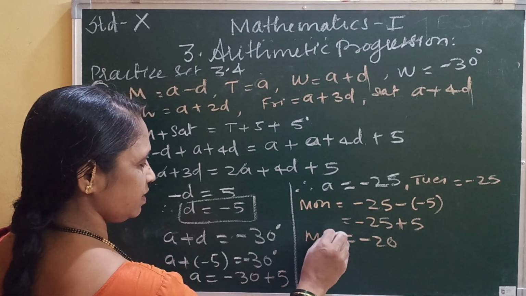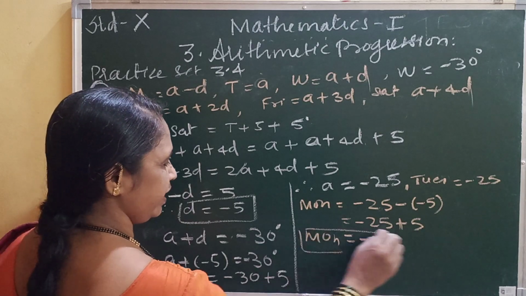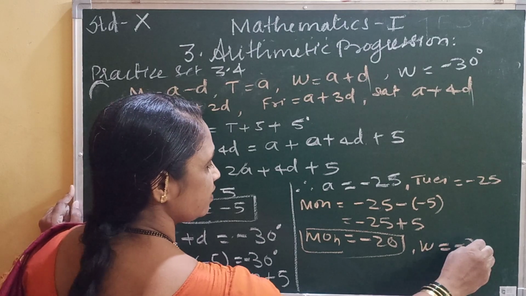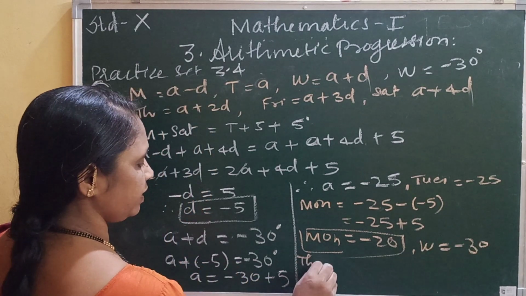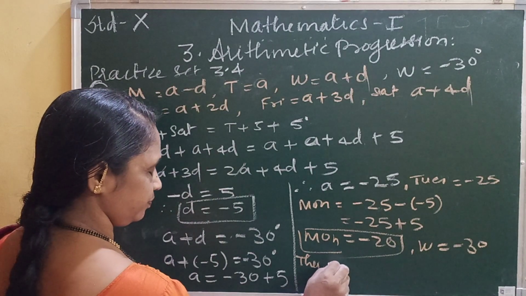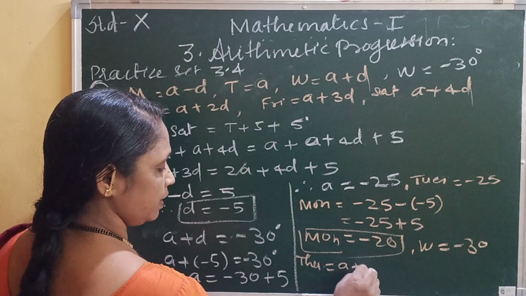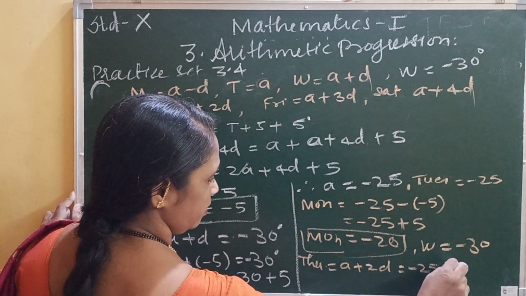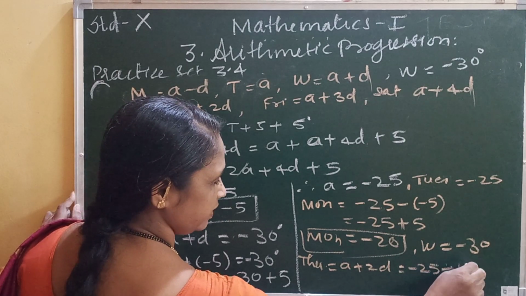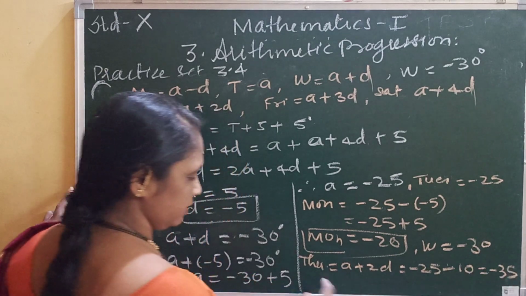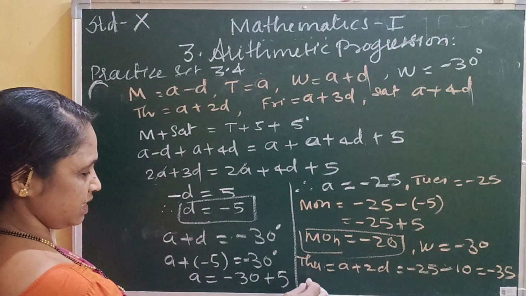Monday's temperature is minus 20. Tuesday's minus 25. Wednesday's minus 30. Now Thursday's temperature is A plus 2D, means minus 25 minus 10, it is minus 35. Thursday's temperature is minus 35.